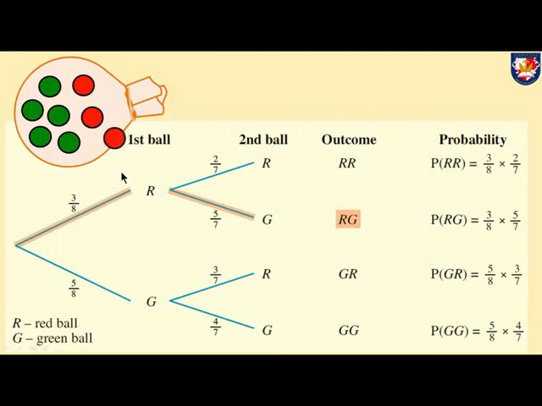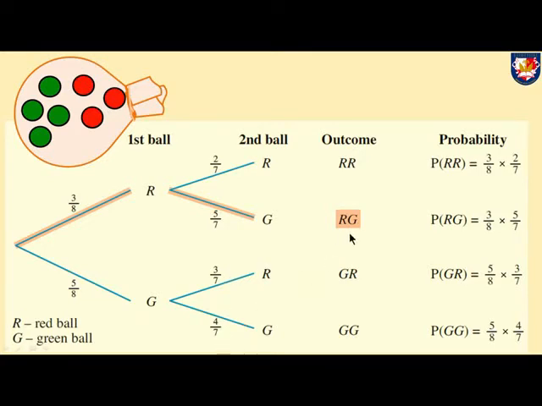If we get green on the first draw, the probability of getting red in the second round is 3/7, and green in the second draw is 4/7, because there are 4 green balls and 3 red balls remaining.